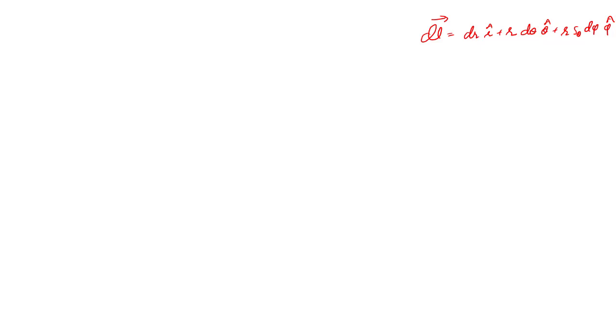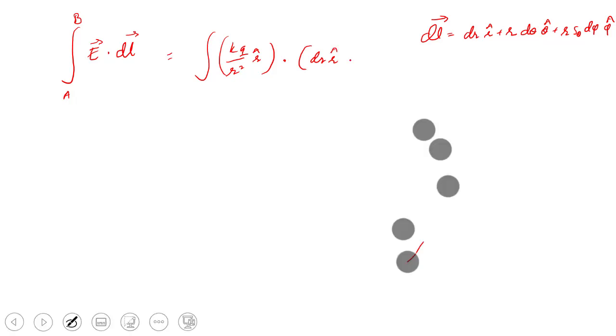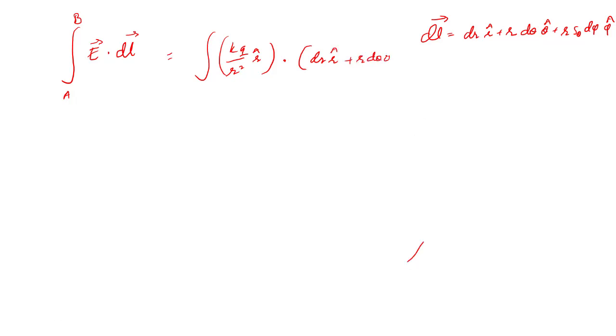So if I want to take the line integral of the electric field going from point A to point B, I can do that. I know that the electric field is kq by r square, r, and the dl is this, so I have dr r plus r d theta theta plus r sine theta d phi phi. So then that gives me kq by r square.